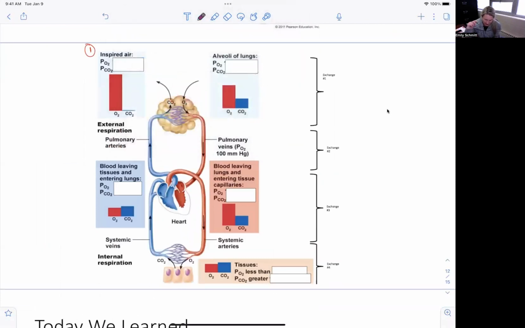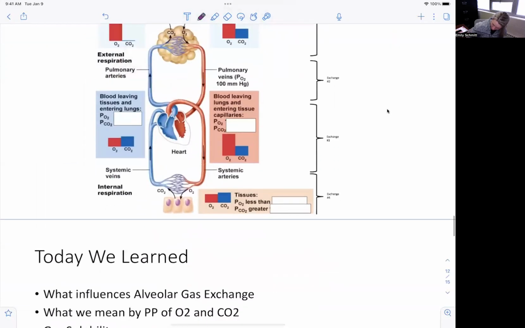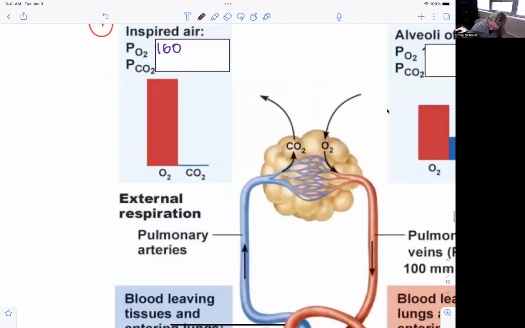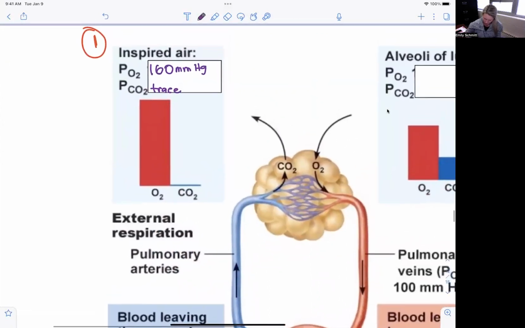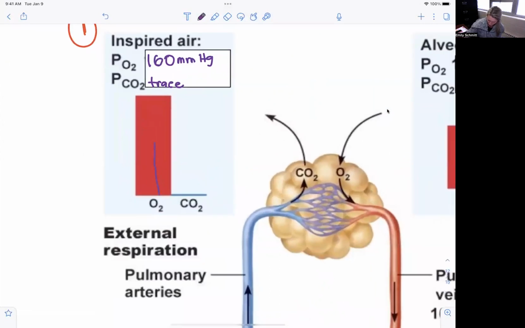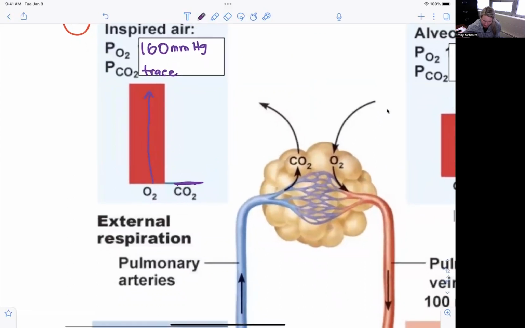And we know that at sea level, the partial pressure of oxygen is 160 millimeters of mercury. We have trace amounts of carbon dioxide in the air. So this graph right here is actually showing that. Quite a bit of oxygen, trace amounts of carbon dioxide.